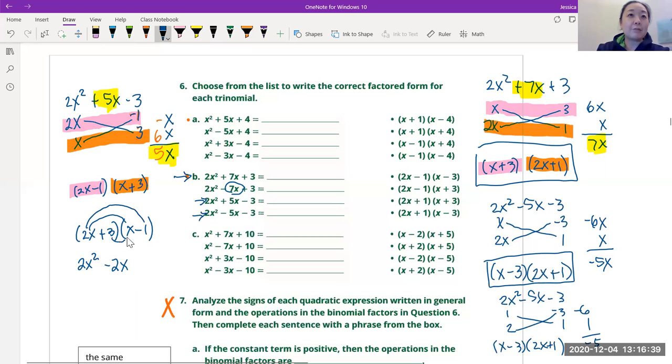All right, and 3 times x is 3x. And 3 times -1 is -3. All right, well, we got the -3, we got the 2x squared, but what do we have on the inside? So -2x plus 3x is going to be plus x minus 3. Do you see how that's a little bit different?